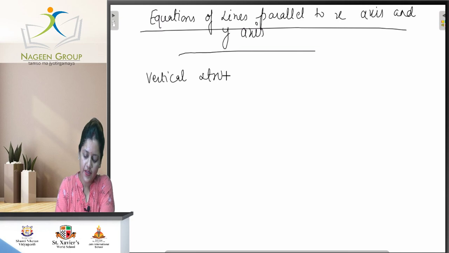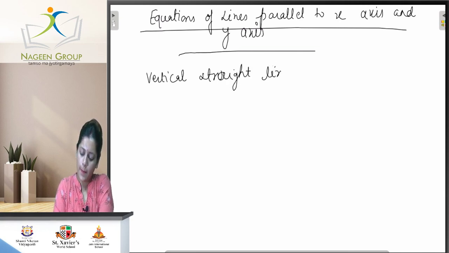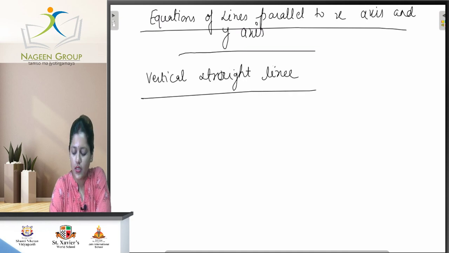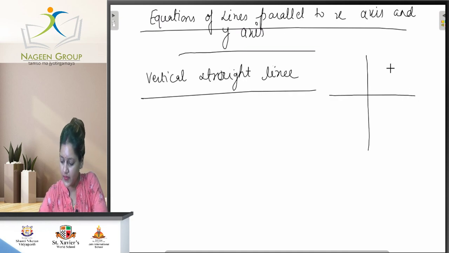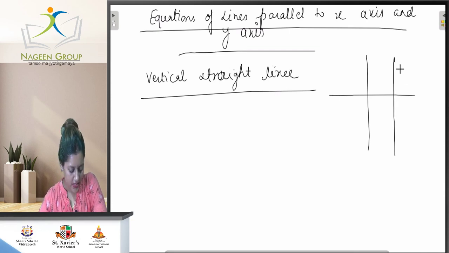Vertical straight line. So the diagram is something like this. Vertical straight means this. So here x is equal to 8, while y, this is a distance of a units, and y is equal to 0.